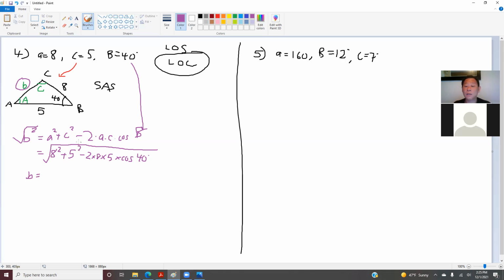So take out your calculator and start punching this in. Don't forget to change your mode to degree mode.